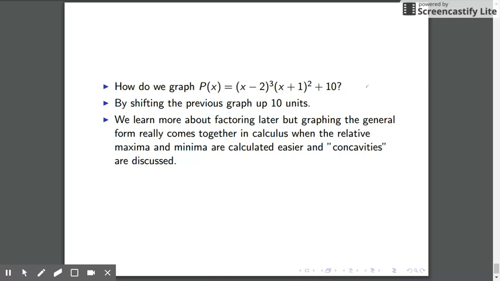To be able to do that easily with any kind of polynomial, we need a little bit of calculus. Calculus helps us find the relative minimum, relative maximum, and concavity. Concavity is how everything curves.